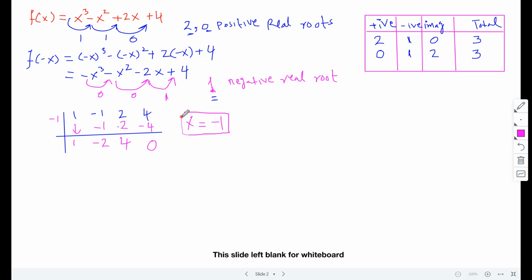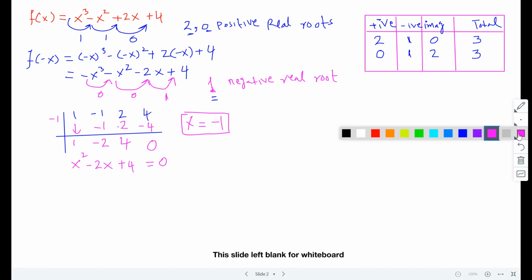To find the other two solutions, I will take these numbers with one power less. It's x to the power 3, so I will start with x to the power 2: x squared minus 2x plus 4, and make it equal to 0.